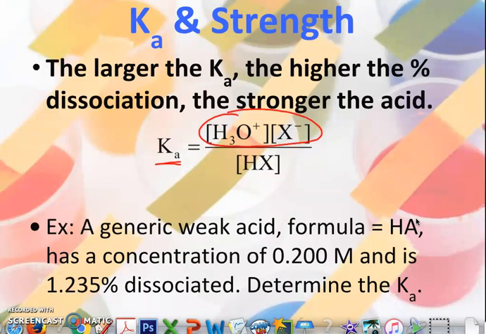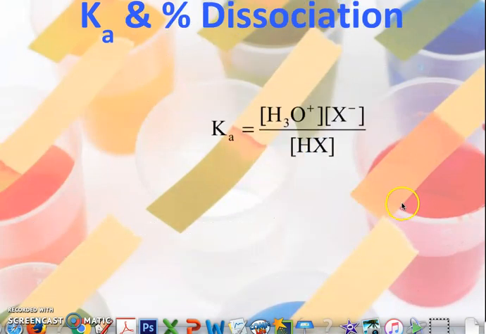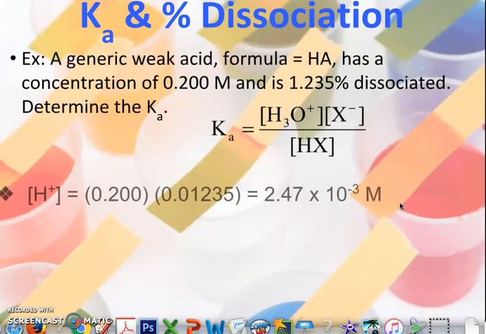If I've got a concentration of 0.2 molar and it's a little over 1% dissociated, how could we calculate the Ka for this acid? Since we're told what percentage of our original concentration dissociates, we start off with our original concentration and then take 1.2% of that.